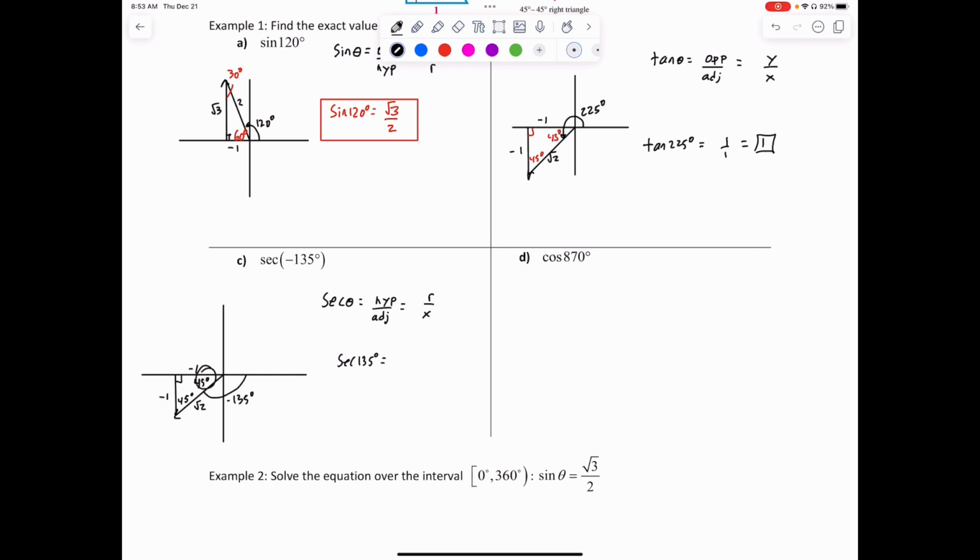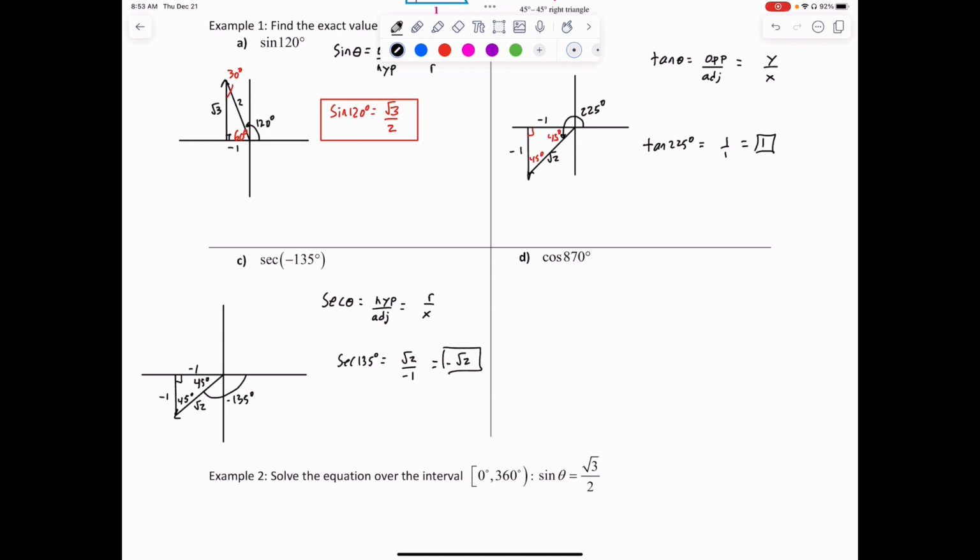Using this reference angle, the radius is radical 2, the x value is -1. Radical 2 is positive over an x value of -1, which, dividing by -1, is really the same thing as saying negative radical 2, which will be our answer to this problem.